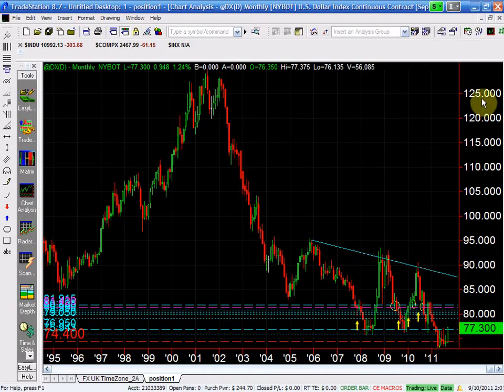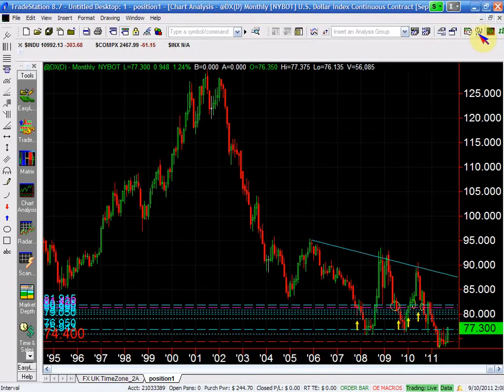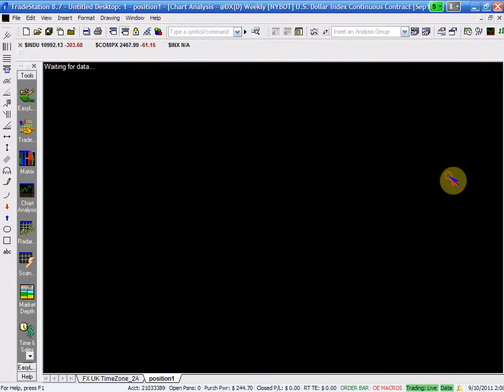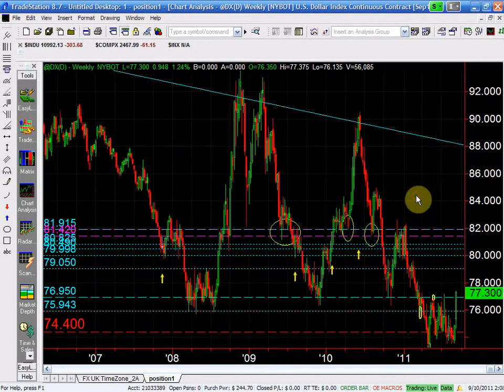Okay? If I go down to a smaller time frame, which is the weekly, and you ask me the same question again, what is the trend now in the dollar index based on the weekly chart?